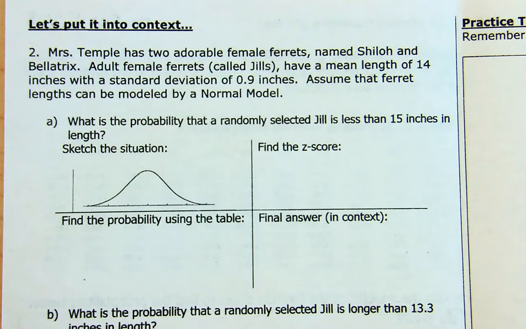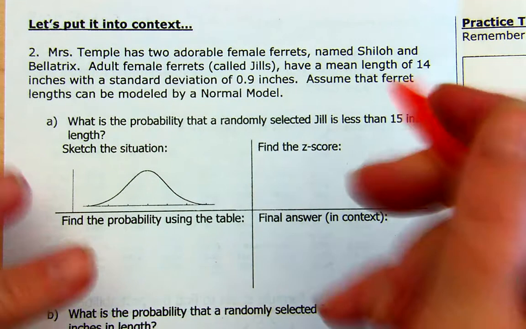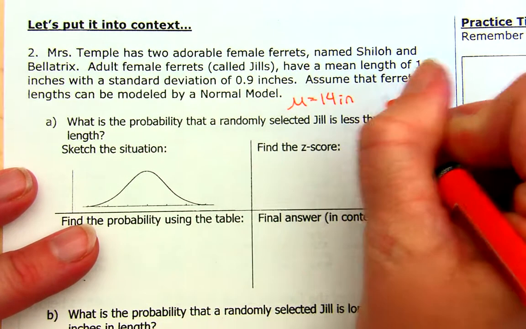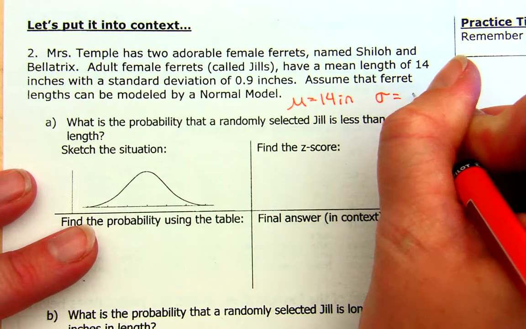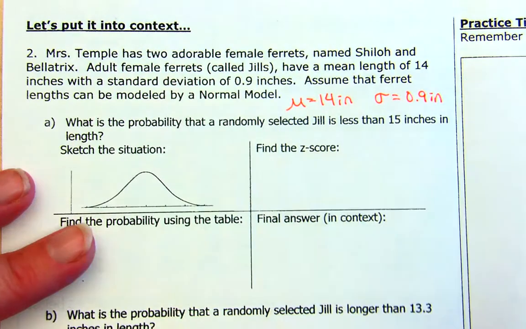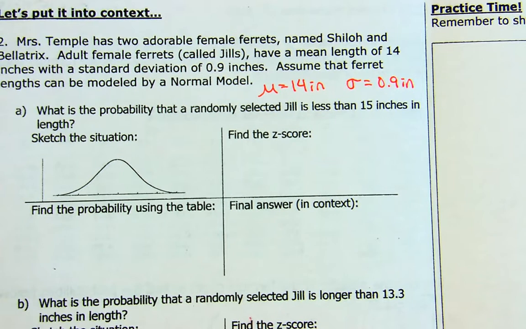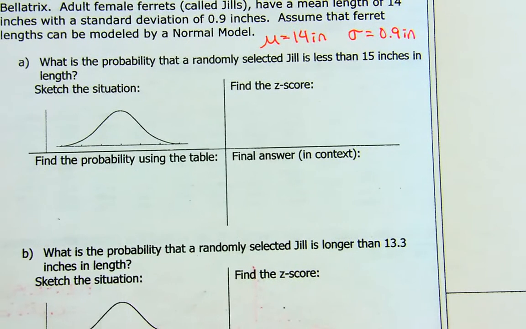Okay, so we're going to use that information. We're going to say that is true for the entire population of adult female ferrets. So we need to know the probability that a randomly selected Jill, or female ferret, is less than 15 inches in length.